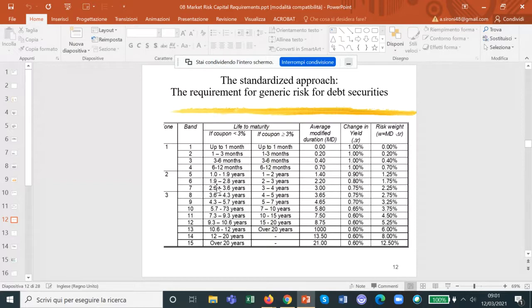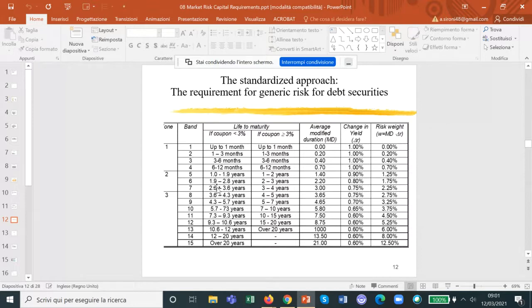So as you can see, the underlying logic used by the Basel Committee to measure the generic risk for debt securities is very close to that of a parametric approach value at risk. Because basically you take the net position for each maturity bucket and you multiply it by a sensitivity coefficient, which is a proxy of the modified duration for that maturity bucket.